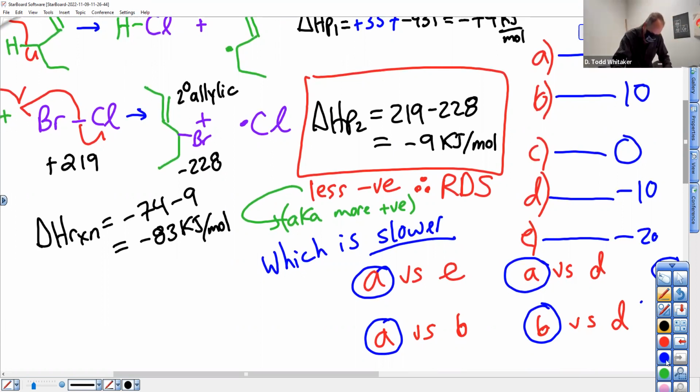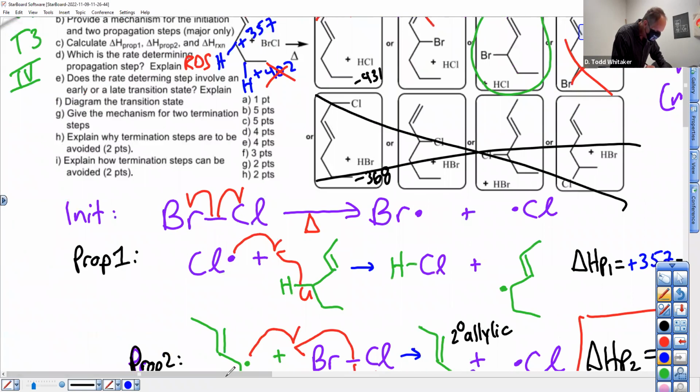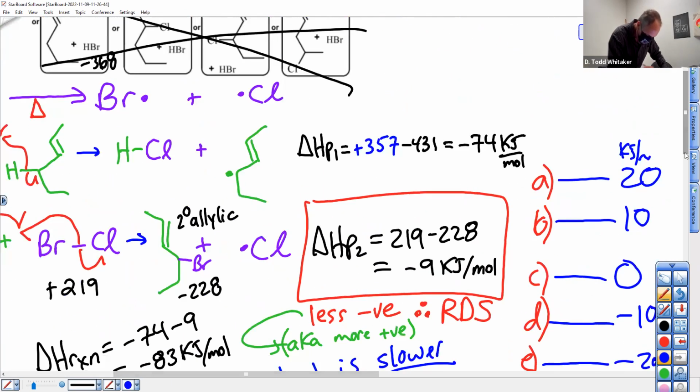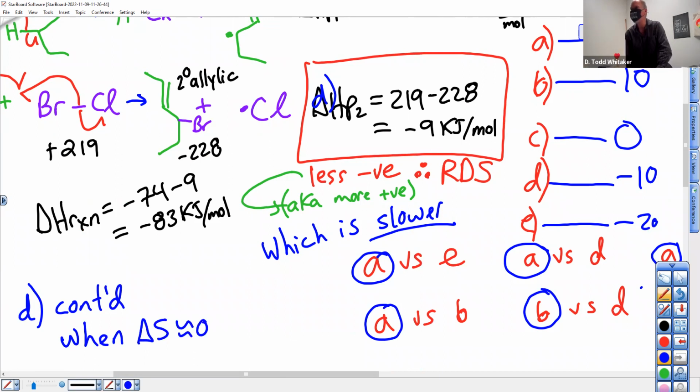In these reactions, this is still continuation of rate determining step, which was D, which started here and continues here. If you skip this, you just threw away a point. When delta S equals 0, if you don't write that down, you just threw away a point.